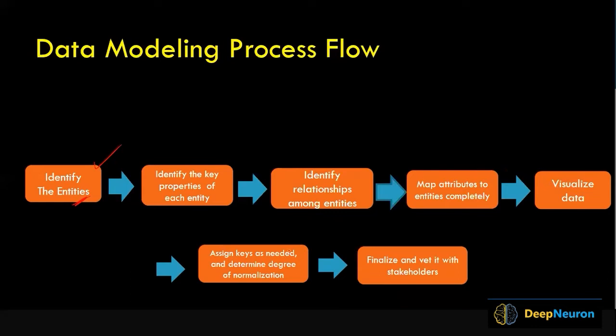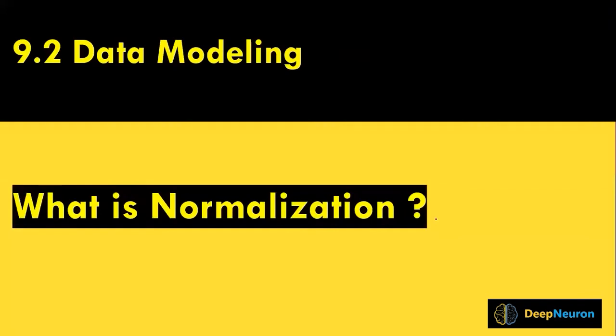Then assign keys as needed, primary key and foreign key, and define the relationship, whether it is 0 to 1, 1 to 1, 0 to many, or 1 to many, and identify the degree of relationship also. Then we finalize our data model design, share it with all the stakeholders and vet it with them. Once they say go ahead, we implement the data model into the data warehouse database.